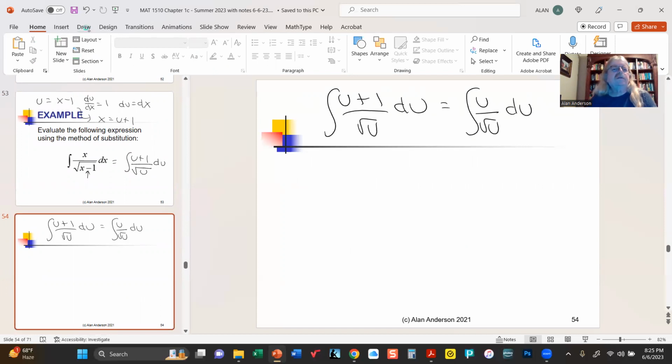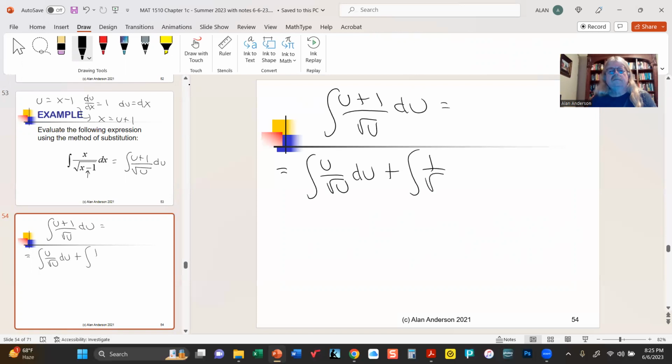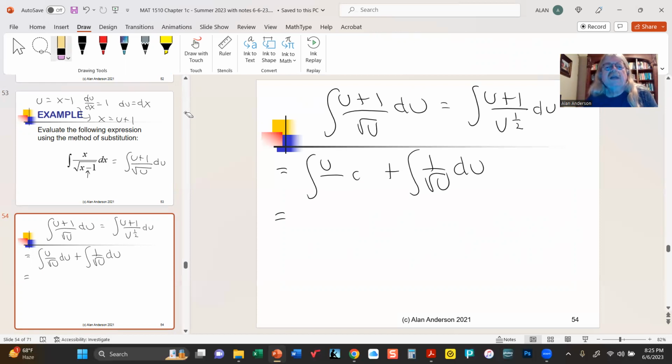Oh, let me move this. So I'll tell you, I would rather let me do it like this. I'm gonna write it as u to the 1/2 power. I think it'll just be quicker.